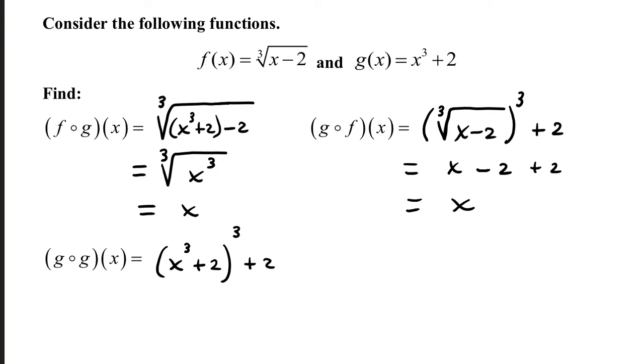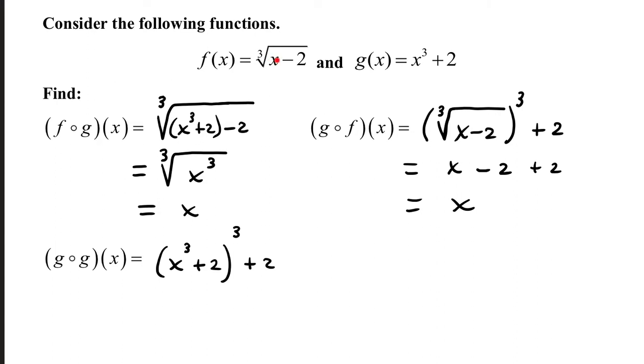In this follow-up example, we have two fresh functions. Function f is defined as the cube root of x minus 2. Function g is defined as x cubed plus 2. The composition of f and g of x is where we take function g and substitute it into the variable. If there's more than one variable, you substitute it into everywhere there's a variable.